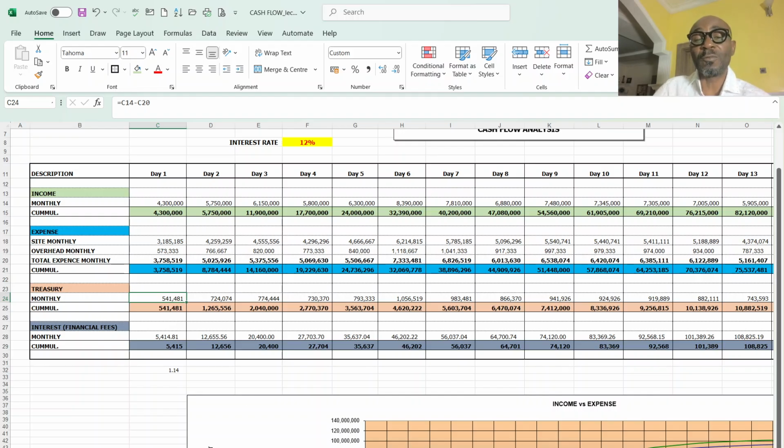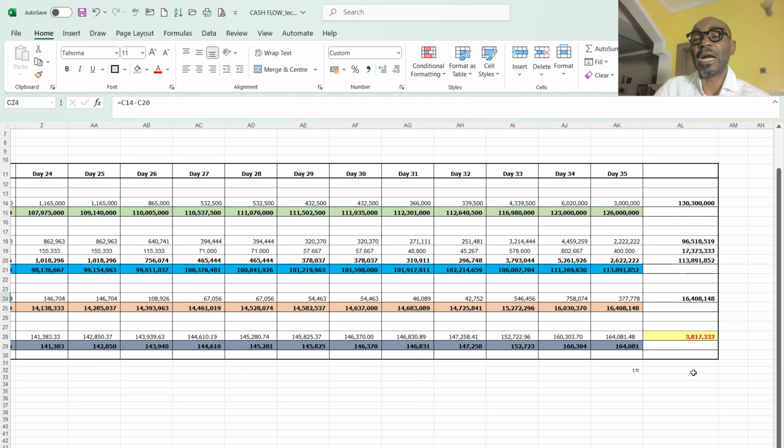So at the end of the project, I'll be reckoning 3 million in addition to the profit I'm expected to make, for the monies I have kept idle in the bank that I fixed. So I'll be making 3 million in addition to my profit.